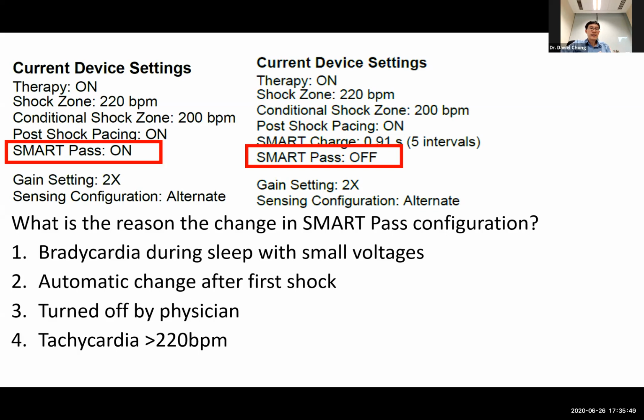Okay, maybe let's vote and see what does the audience think. Why was the smart pass turned off? So was it due to bradycardia with small voltages, automatic change after first shock, physician, or tachycardia above a certain rate?